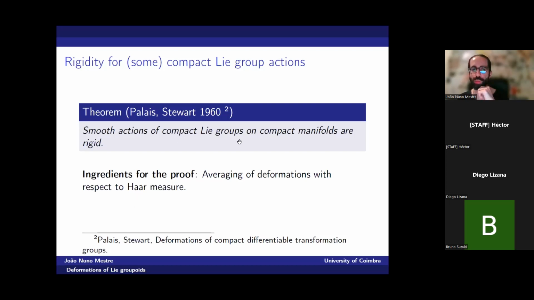And using that averaging, they produced flows that take the wannabe deformed actions, actually they just flow them back. These flows are going to be by equivariant diffeomorphisms. So they will show that they intertwine the action at time 0 and at time epsilon, showing that actually they were always the same action all along.